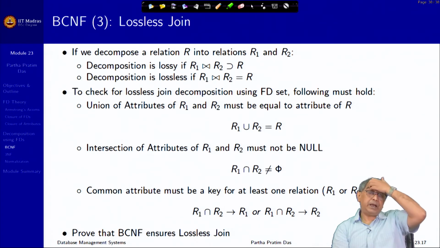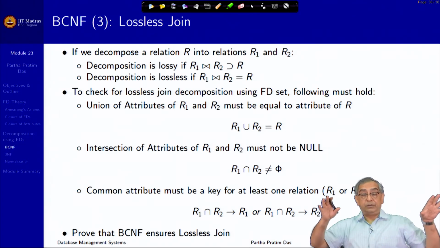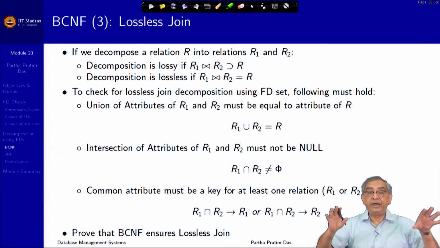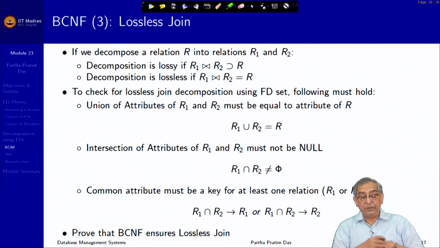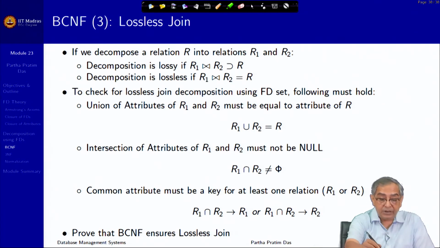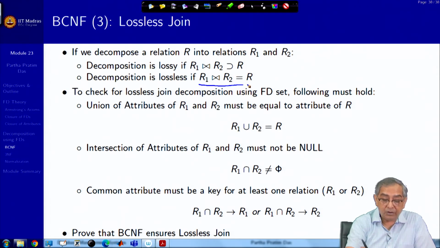Now, the question again is, we have decomposed. So, are we going to retain the information? Are we going to recover all the information? Is this a lossless decomposition or a lossy decomposition? Just to recap, this is your lossless decomposition.